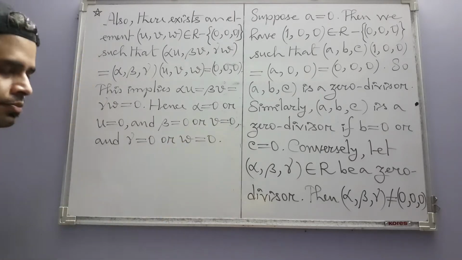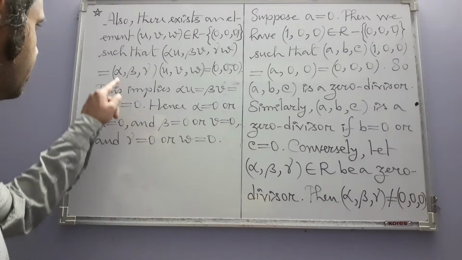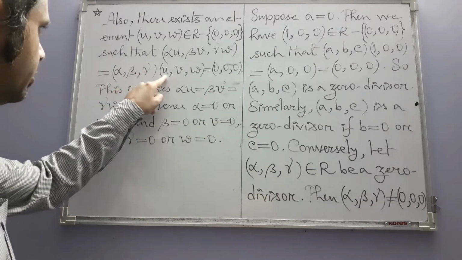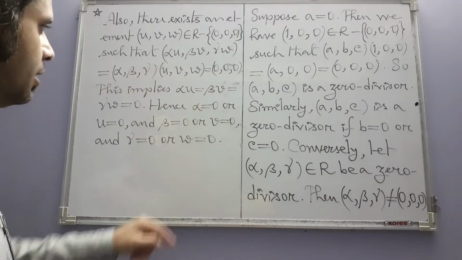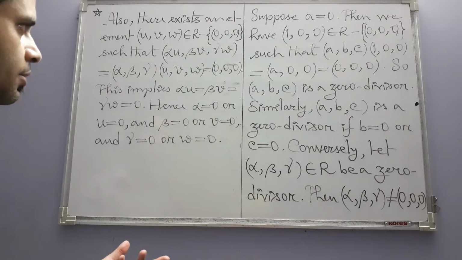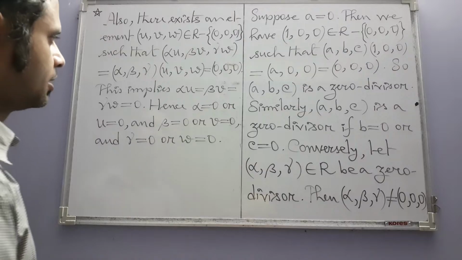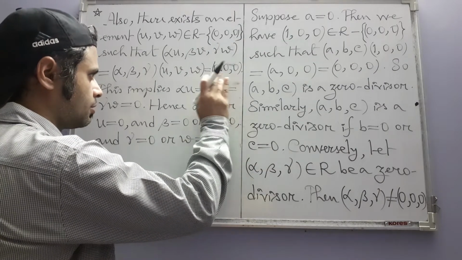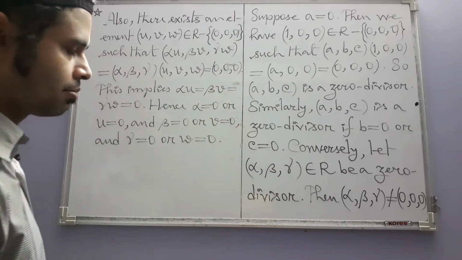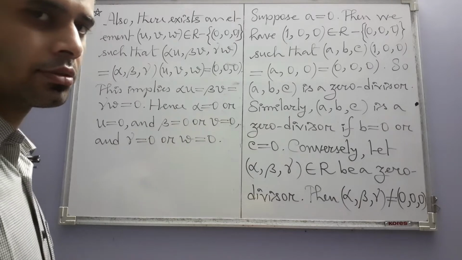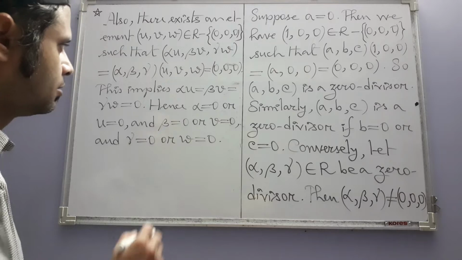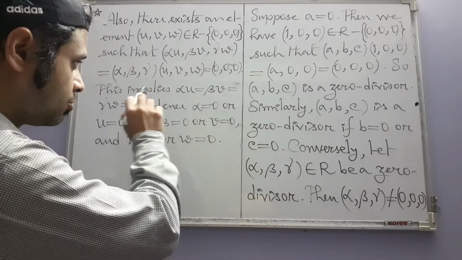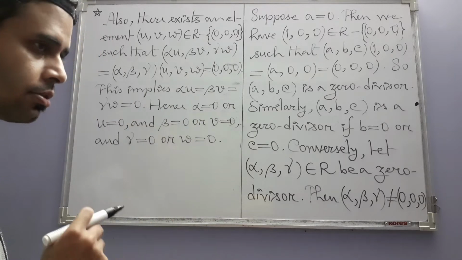But why? That is because alpha, gamma, u, w, these are integers and beta and v are rational numbers. So after all, they are real numbers, and we know that in the ring of real numbers, but you can also say that in the field of real numbers, because it is after all a field, the product of two non-zero elements is always non-zero.